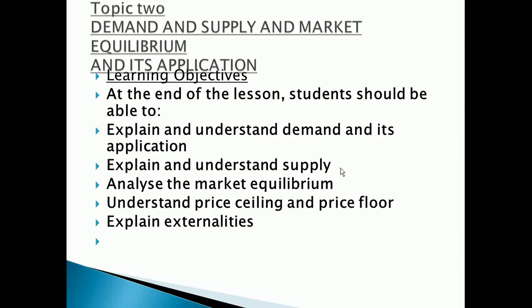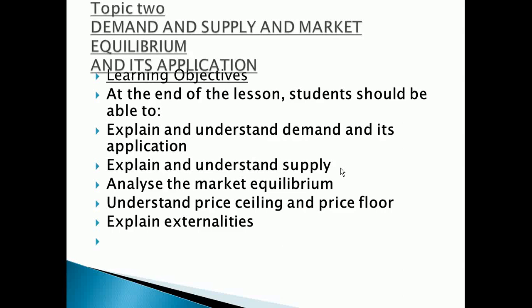Right now, we want to look at demand and supply and market equilibrium. What is demand? Demand is the quantity of a commodity a buyer is willing and able to purchase at a given time and at a given price.